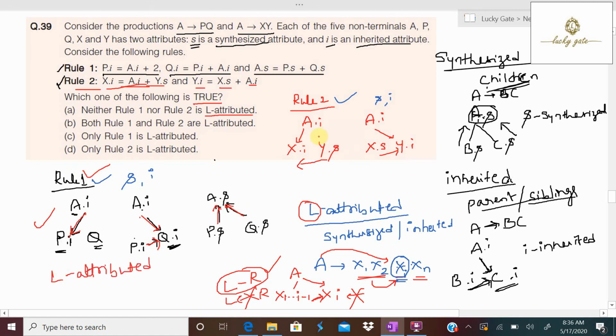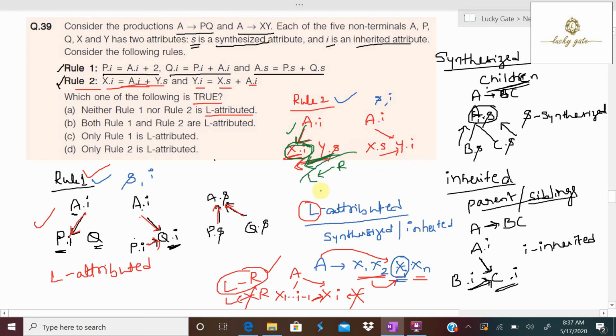Okay, coming to rule 2, here you observe xi computing its value from its parent and from its right sibling. Observe xi is getting its value from the parent A, which is correct, and from Ys, meaning it is deriving its value from the parent and from the right sibling, so the evaluation is from right to left.